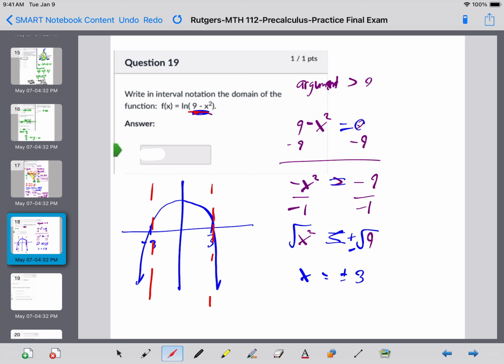Because we set our argument greater than 0, that would be where it's above the x-axis. It's above the x-axis here. It would be below the x-axis here. So, in interval notation, it would be between negative 3 and 3. We say our argument's greater than 0, not greater than or equal, so we have to use parentheses. Negative 3 to 3.